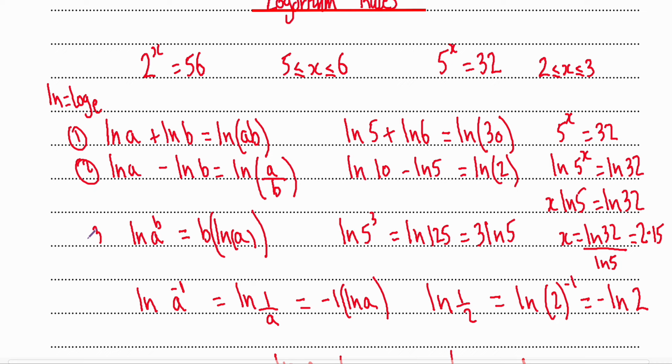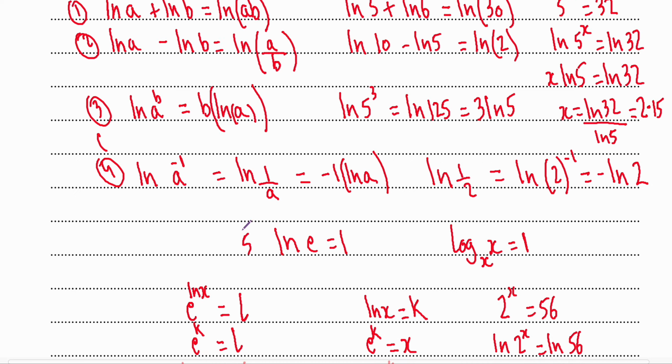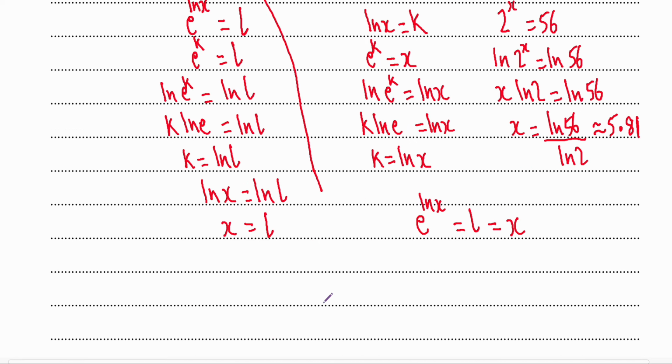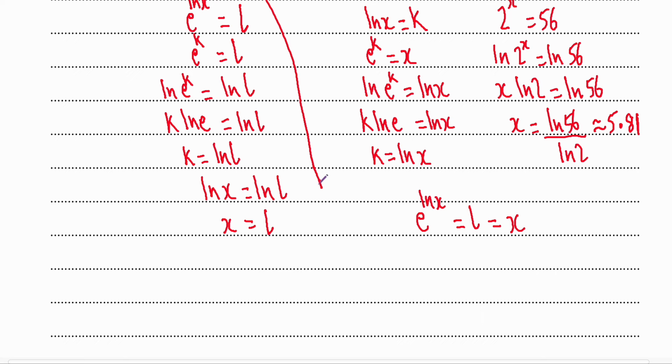This is rule number 3. And then from rule number 3, this is rule number 4, because these are related. And then this is number 5. And then from 5, we have 6, which is also related to 5. So I'll just draw a line right here. This is rule number 6.